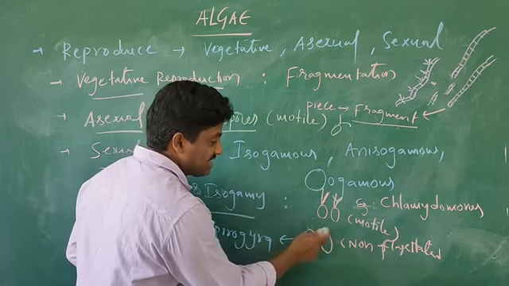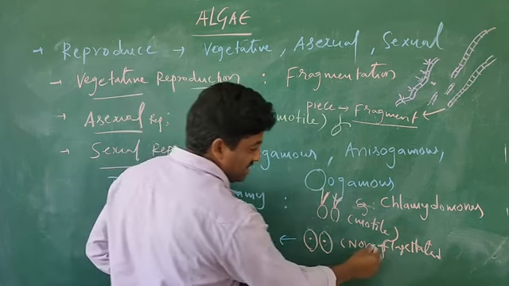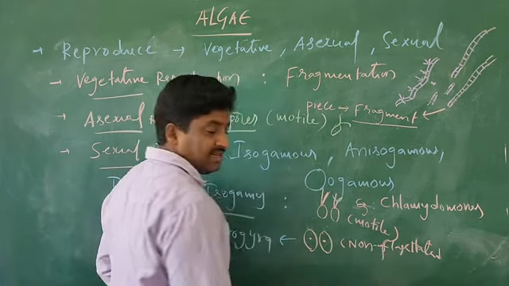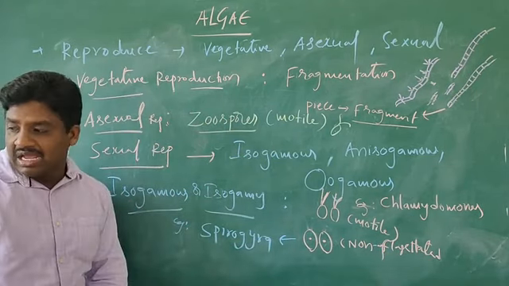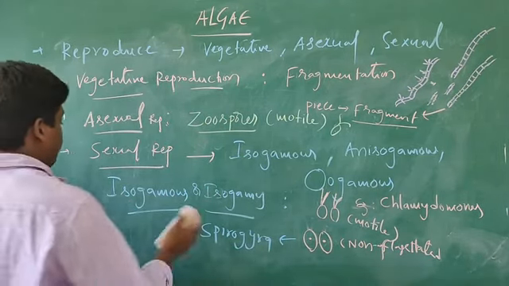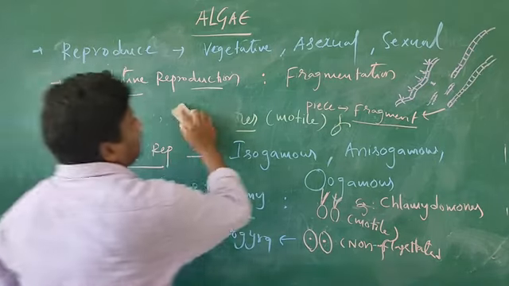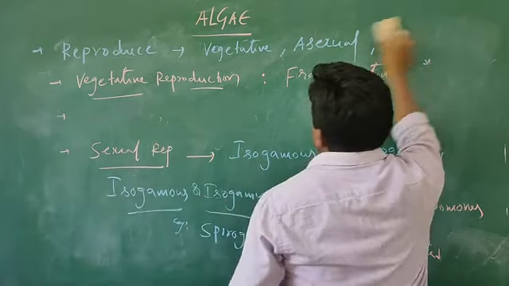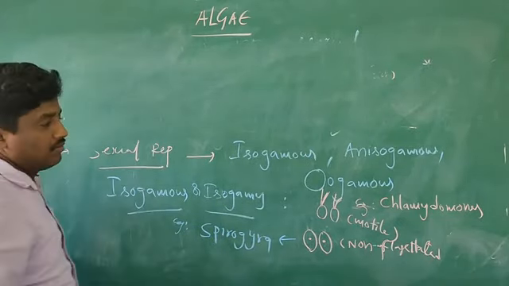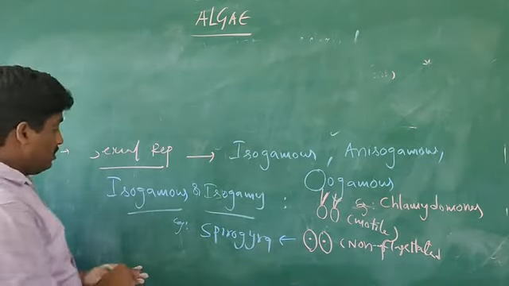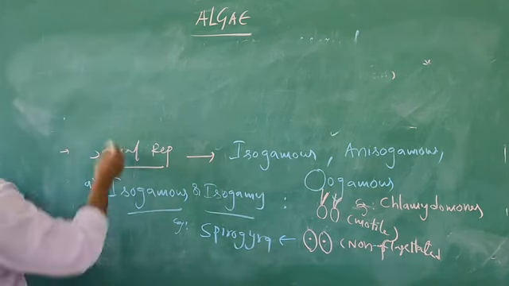See here, flagella are absent, so that's why this is non-flagellated. Example, Spirogyra. That's it. So this is the isogamous.